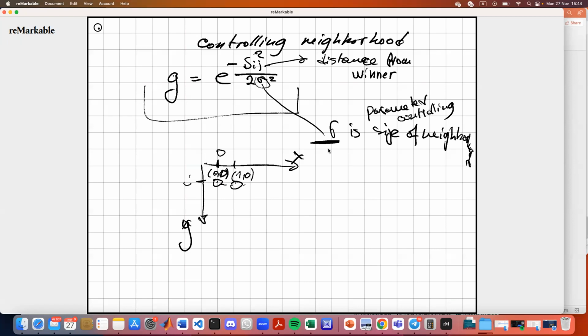Here it's again 0, 1, and so on. So if you hit a neuron here, you know its coordinates. Then I will show you how it's done in the code now.